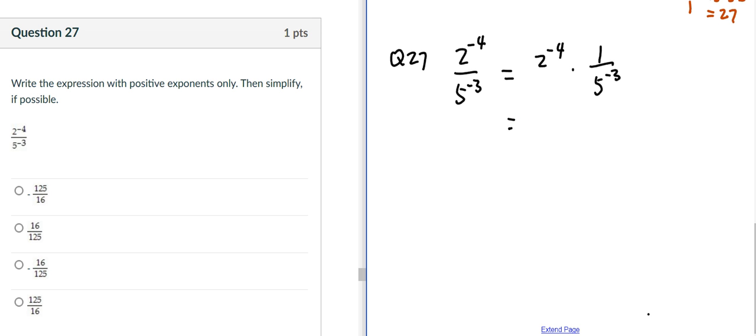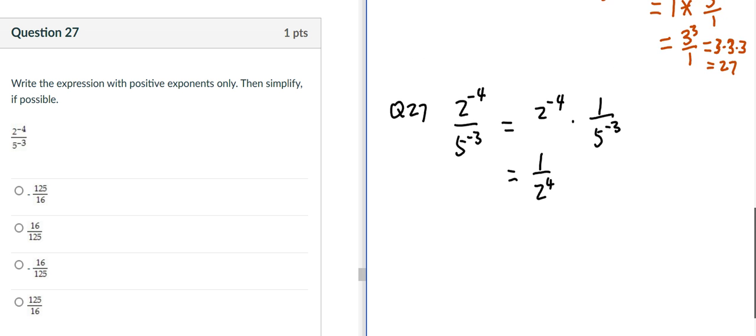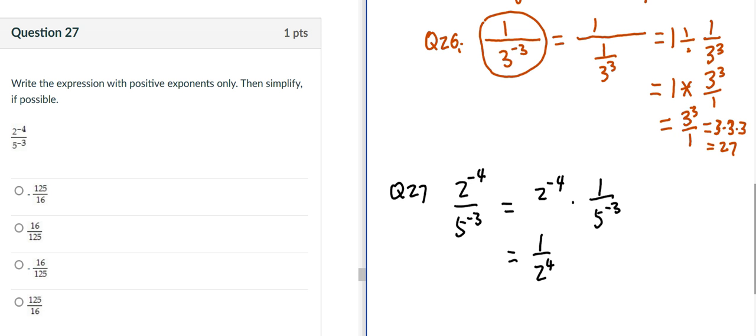So 2 to the negative 4th is 1 over 2 to the 4th. This one we did before, you see. The second one here is 1 over 3 to the negative 3, and we simply flip this up.